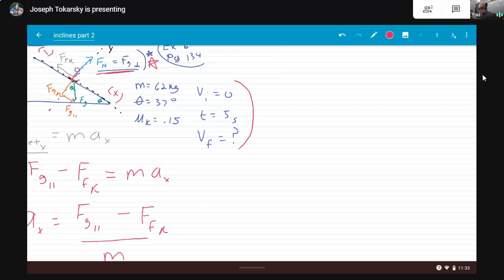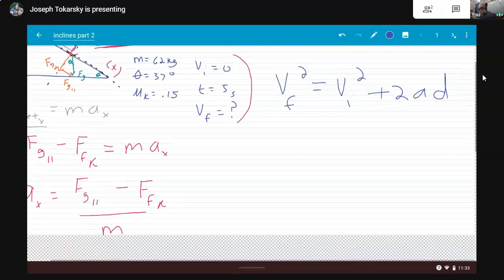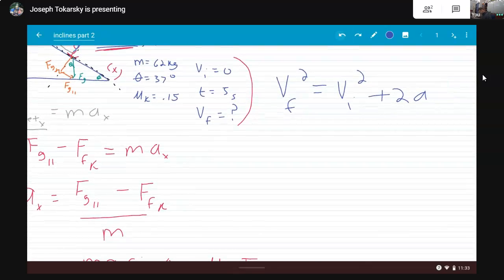acceleration to use with this information to actually solve for the final velocity. And that's just finishing off with the third kinematic equation: Vf squared equals Vi squared plus 2 times a times d, right? Oh, actually, I lied. I apologize. This was the wrong equation because we don't have d, we have t.